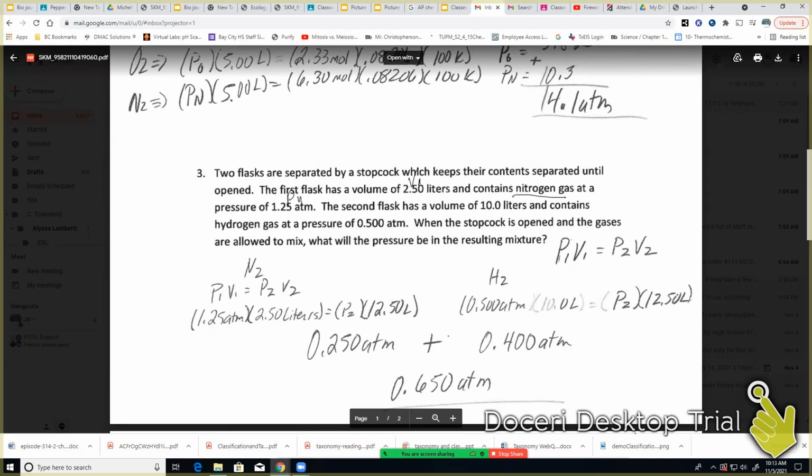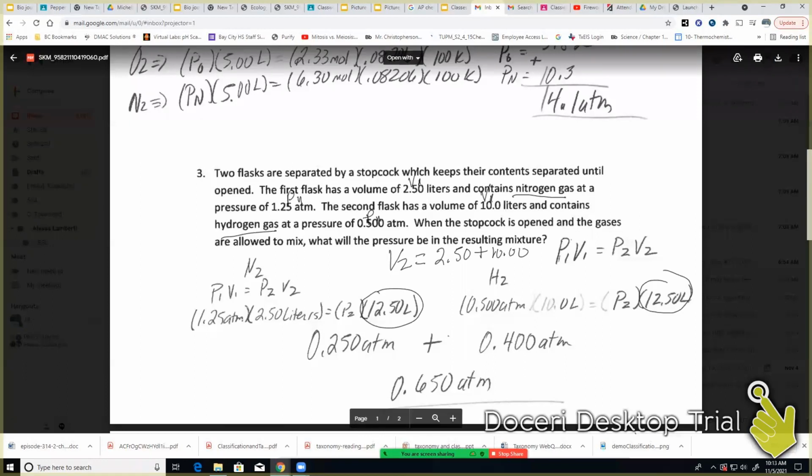And then this was your V1 and this was your P1 for your hydrogen. And then you allowed them to mix together. So that means your V2 for both of them would be when those two things were open, because now they would have that full volume. So that's where this 12.50 is coming from on both of them.